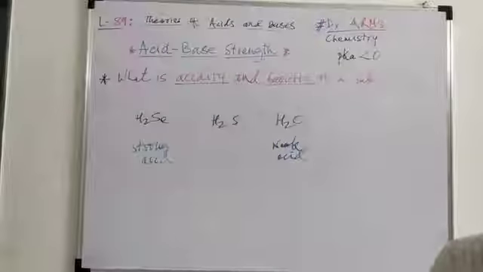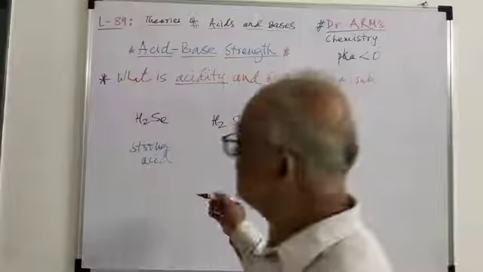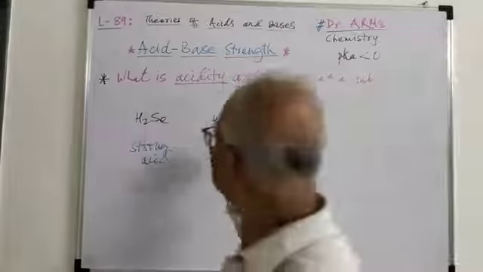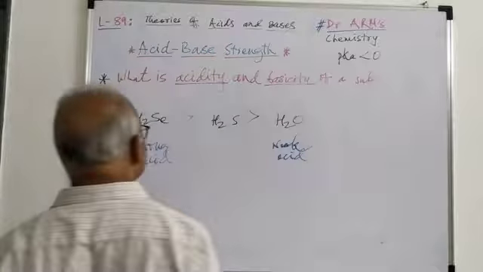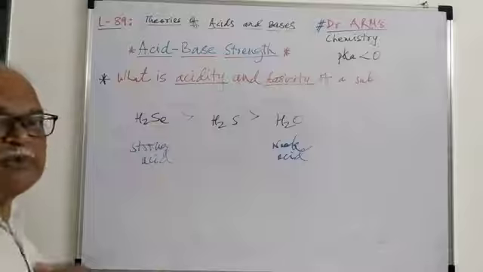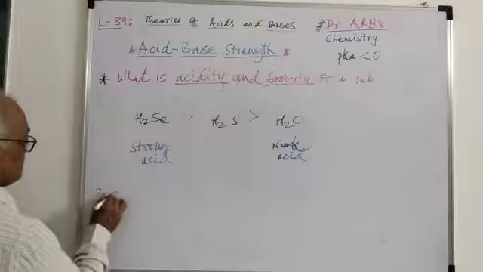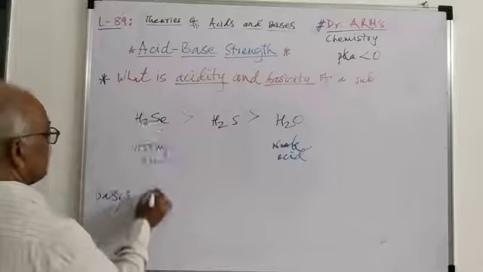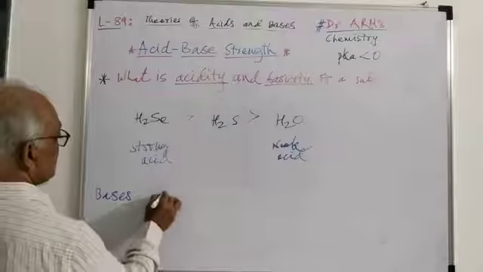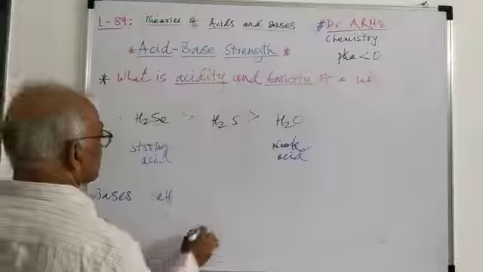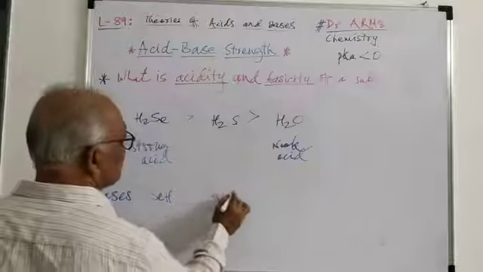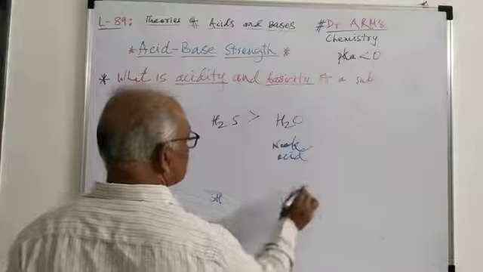If we take their conjugate bases, we can show this order of strength. Now these are acids, and if we take the bases, we have SeH minus, then SH minus, and OH minus.